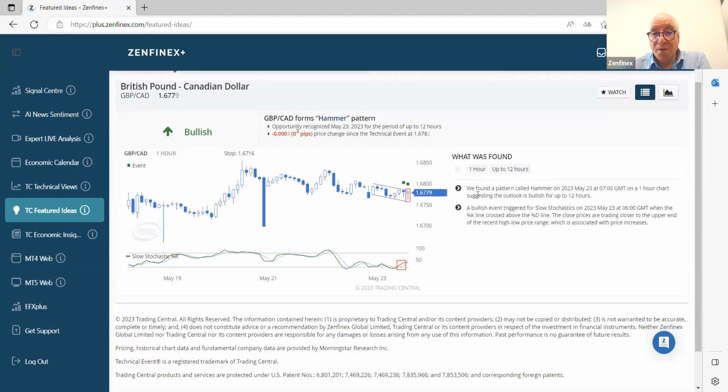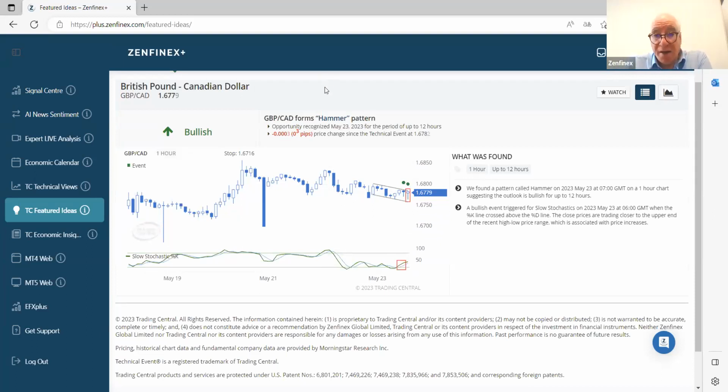And on the 1 hour pattern, we found a hammer, which is this bar here, which usually indicates strength. That's why they're being bullish. A bullish event triggered with slow stochastics. So also using the pin bar or hammer in conjunction with the stochastics to give a bullish or buy signal here.